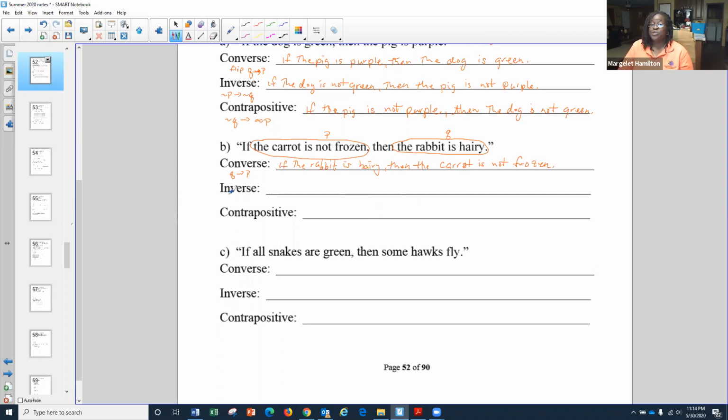Now inverse, we know we're going to keep the same structure, just negate. So negation P implies negation Q, and you got if the carrot is frozen, then the rabbit is not hairy.